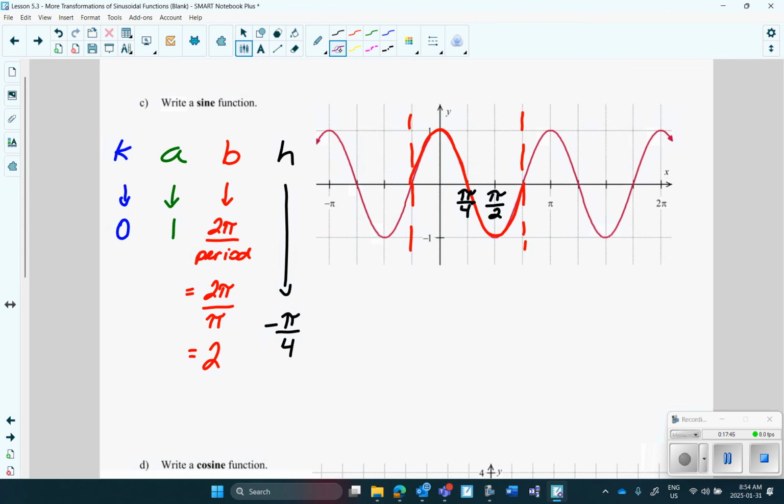So to write our equation, y equals a, which is 1, which we don't have to write, sine, I'm going to open a bracket or open a big parenthesis, either is fine, because I got a value of b, which is 2, open parentheses, x subtract negative pi over 4 becomes x plus pi over 4, close the parenthesis and then the bracket, no value for k.